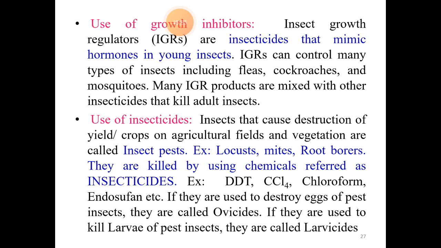If an insecticide kills the pests at their egg stage, they are called ovicides. If they are killed at their larval stages, they are called larvicides. Students, we have dealt with this particular concept much in the first chapter or the previous chapter, that is toxicology.